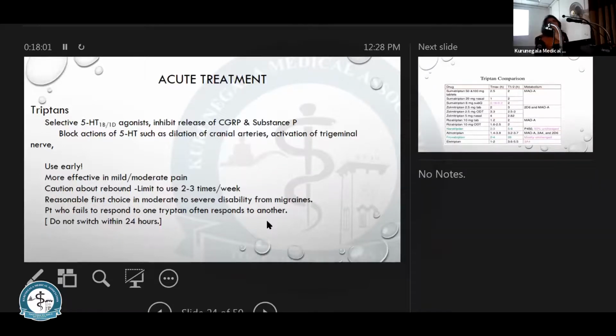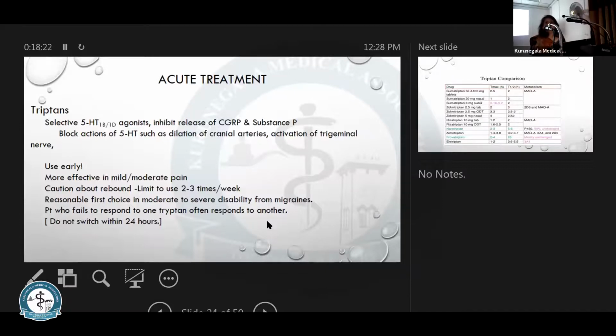And when we are using triptans, of course, we should be cautious about rebound or medication overuse headache because it aborts the attack very quickly. So patients are really happy with the drug, and there are only a few side effects. So patients tend to overuse the triptans.